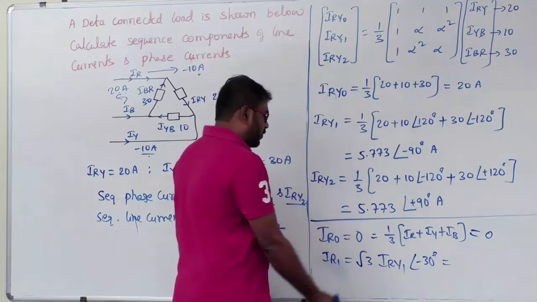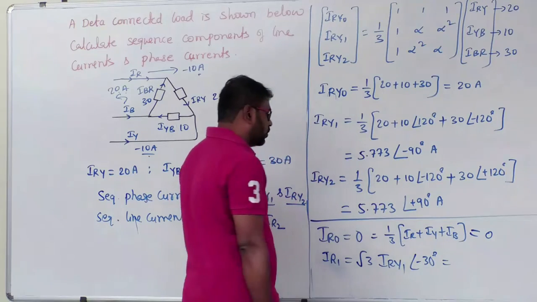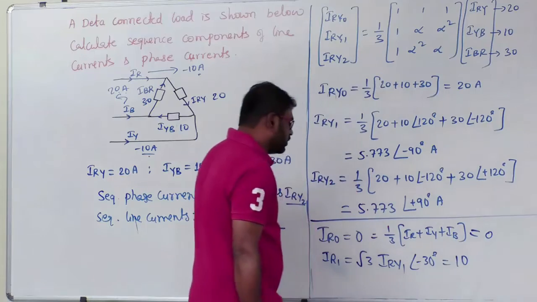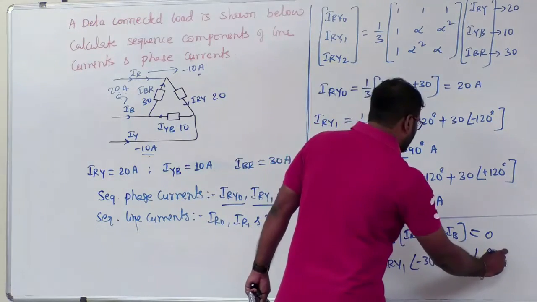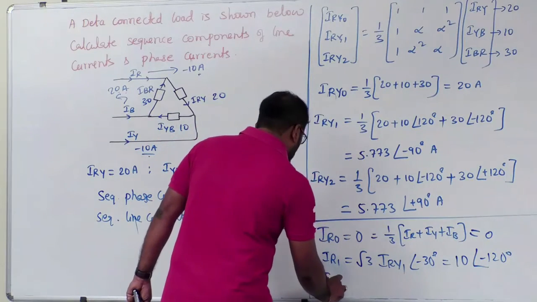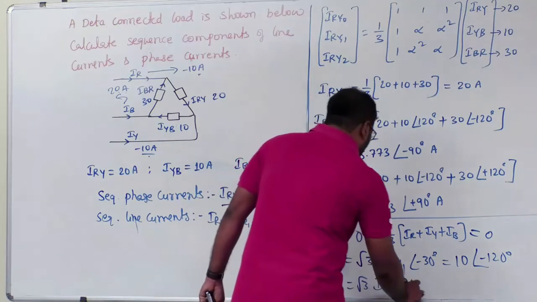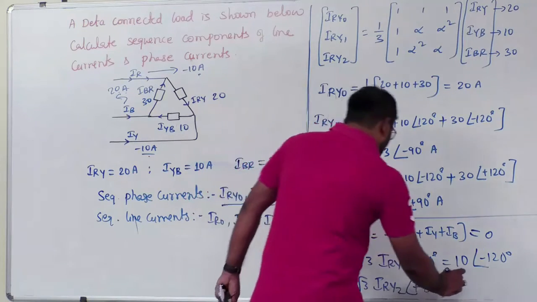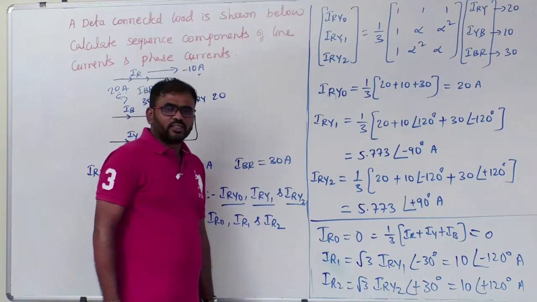Substituting IRY1, which is 5.773 at an angle minus 90 degrees, we get 5.773 into root 3, that is 10 at an angle minus 30 minus 90, so minus 120 degrees. 10 at an angle minus 120 degrees is IR1. What about IR2? Root 3 times IRY2 at an angle plus 30 degrees. Using that relation, we get 10 at an angle plus 120 degrees. So these are the final answers.